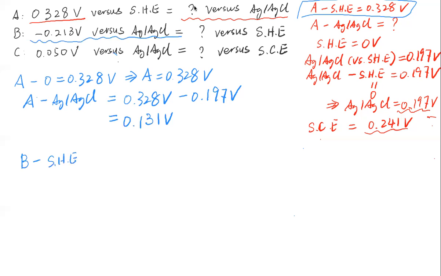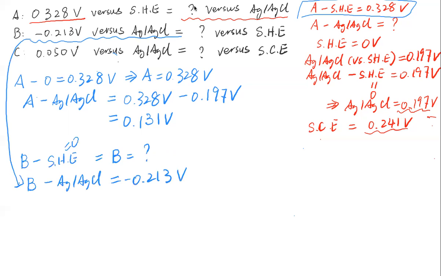And we know SHE is 0, so we're looking for B. Now, what we know here is B minus silver chloride is negative 0.213 volts.